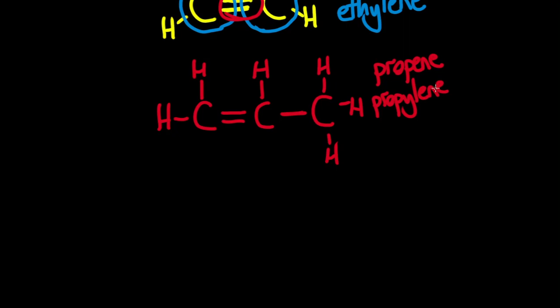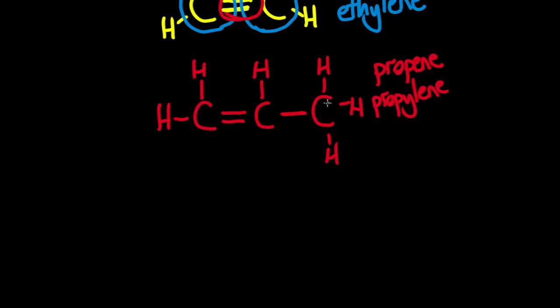Alright? And these hydrocarbons, your alkenes, are going to be considered unsaturated because they do not contain the maximum number of hydrogen atoms possible for the number of carbon atoms present. So remember, my alkanes were saturated because they had as many hydrogens as they could possibly have.